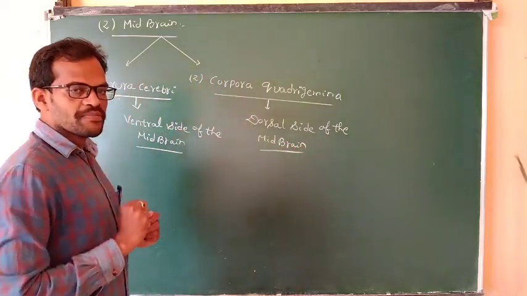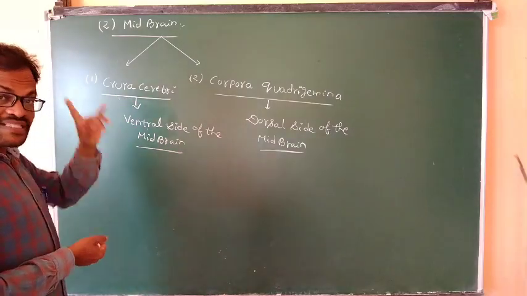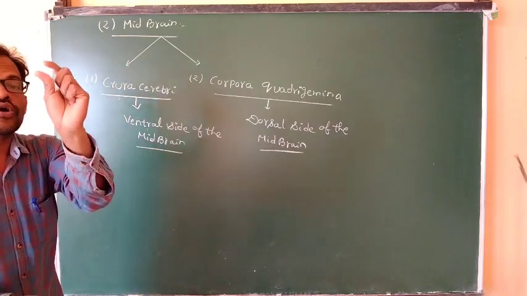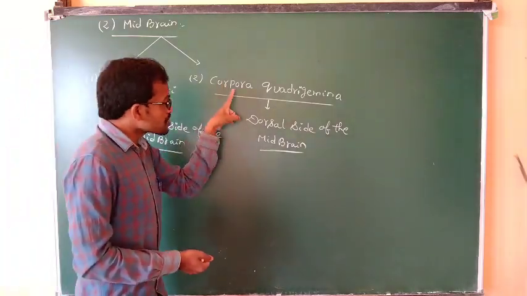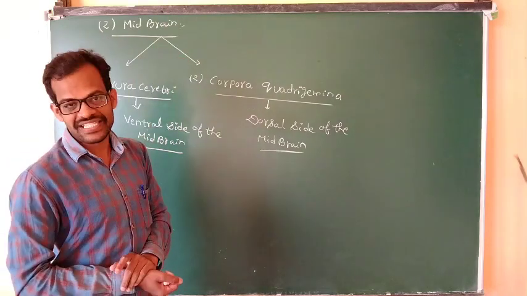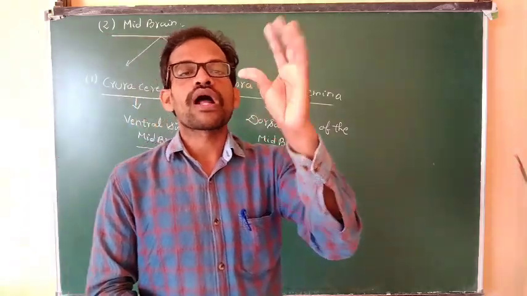If you observe the midbrain, ventral means front side and dorsal means back side. The ventral surface of the midbrain consists of crura cerebri. The dorsal, the back side of the midbrain, consists of corpora quadrigemina.